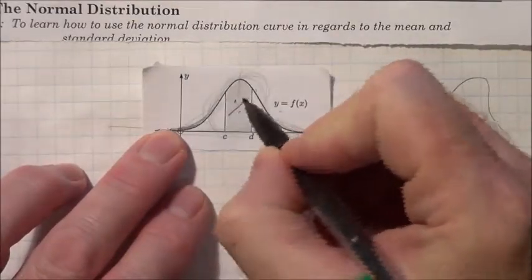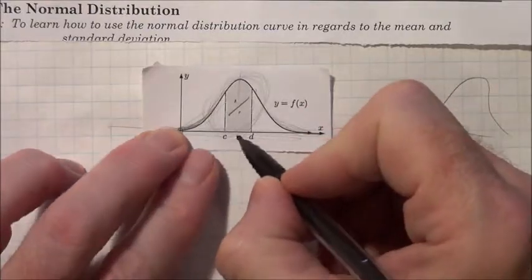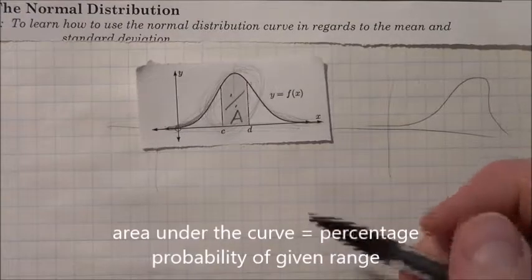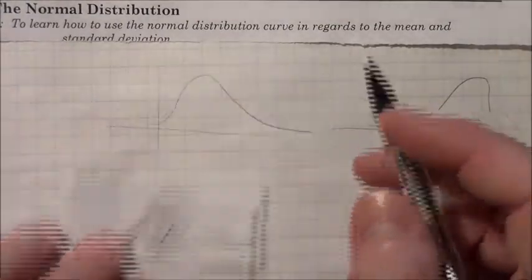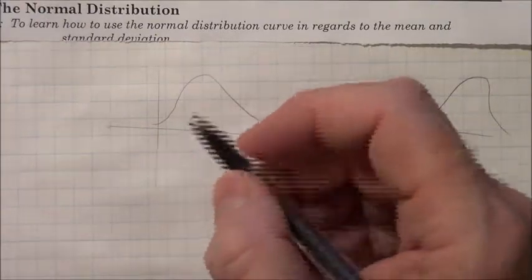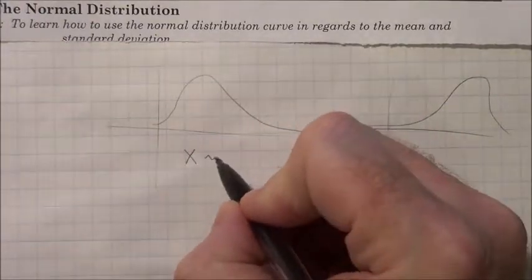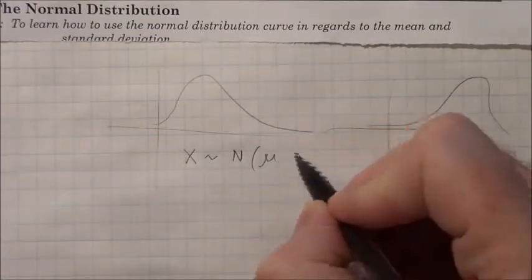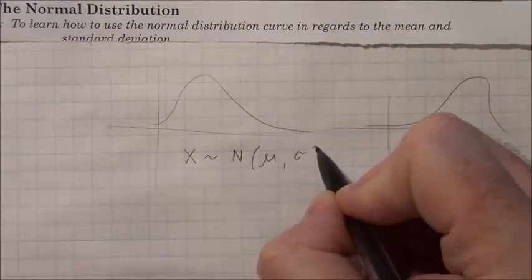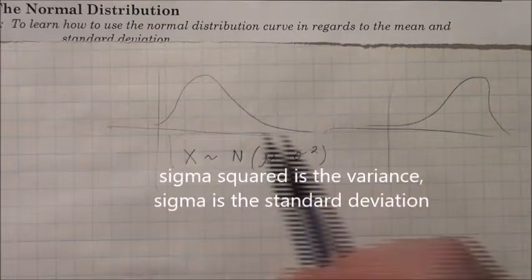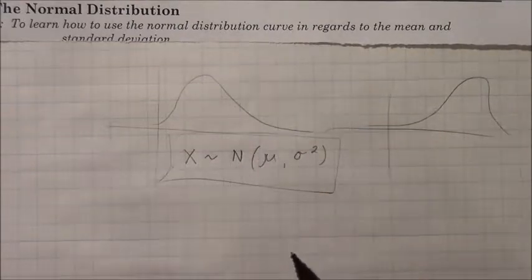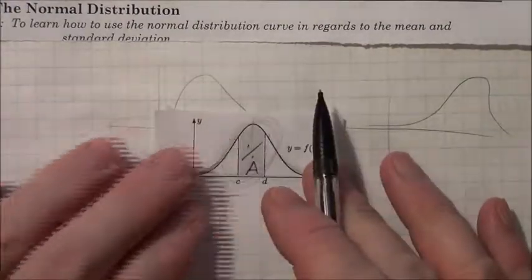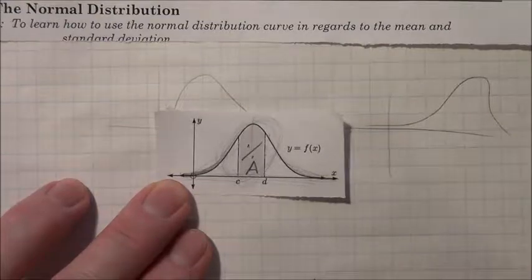And the notation that describes it, we would say the normal variable x is distributed as the normal distribution, where mu is the mean and sigma squared is the variance. So anytime you see something like this, that means it's a normal distribution, and we'll get a bell curve like that.